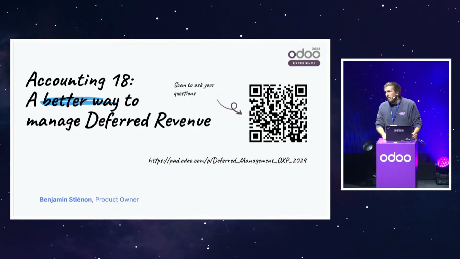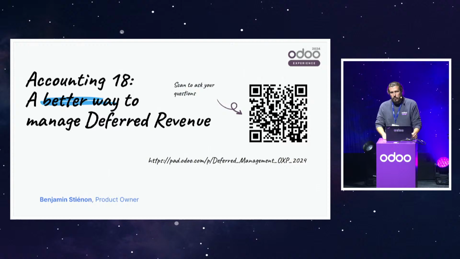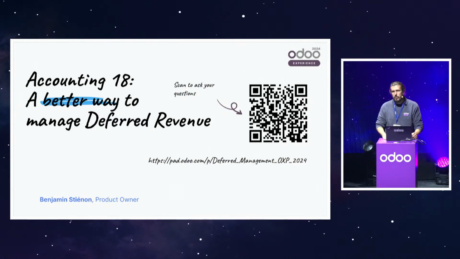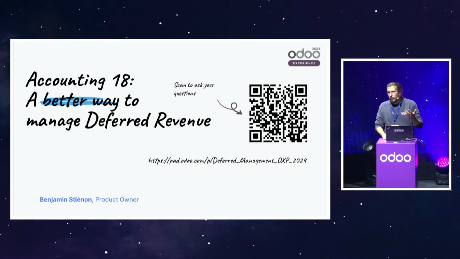Today, we are going to talk about a better way to manage deferred revenues. While you can scan the QR code or take note of the URL of the pad that we will use together for further questions, let me first explain what a deferred revenue is for those who would not know. Suppose, we are Odoo.